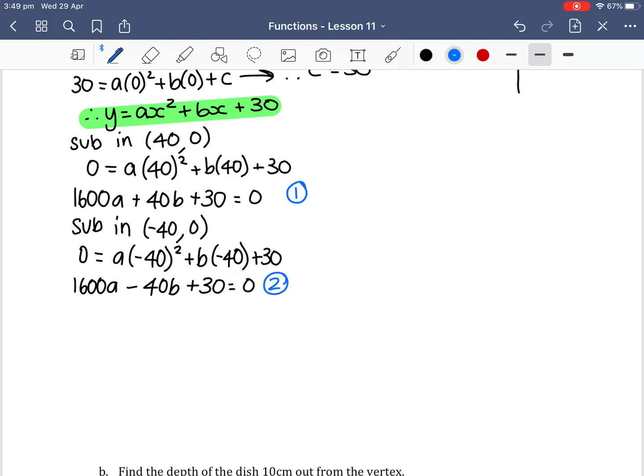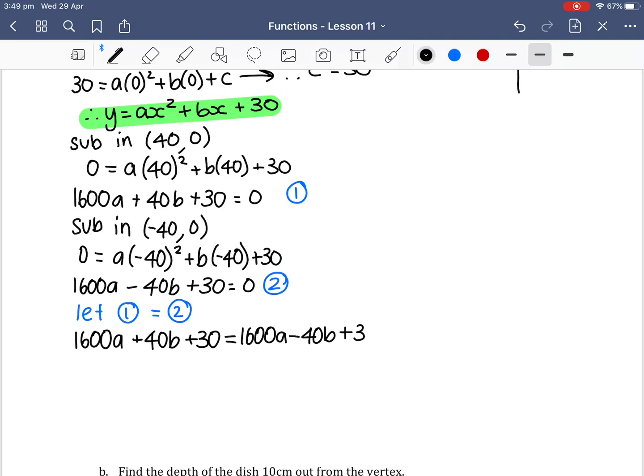Because we have both equations equaling 0, we're going to let equation 1 equal equation 2. So therefore we have 1,600a plus 40b plus 30 equals 1,600a minus 40b plus 30. And so we're going to move everything to the left-hand side.